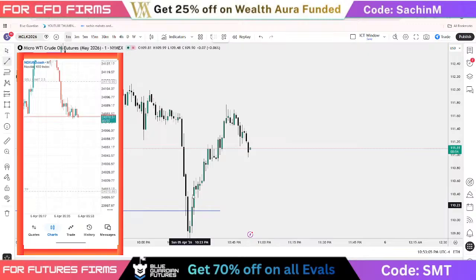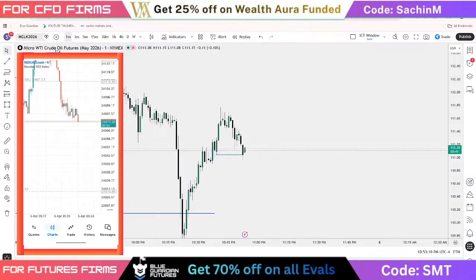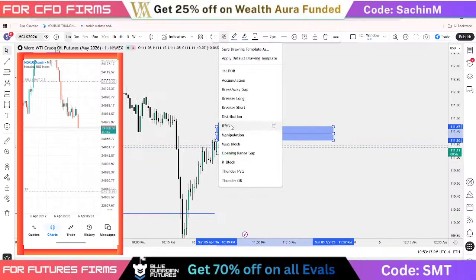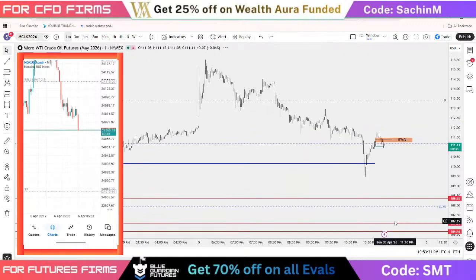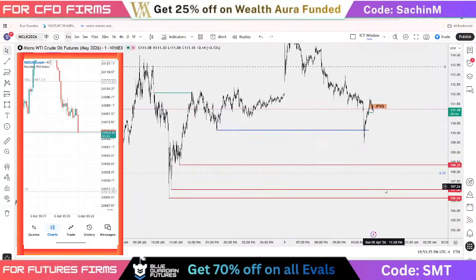Did we get a body candle closer here? Yes, we did get a body candle closer, so we have a lower trade from this inversion fair value gap. We can go lower, but how much lower can we go? Okay, so we can come all the way up here, down here.